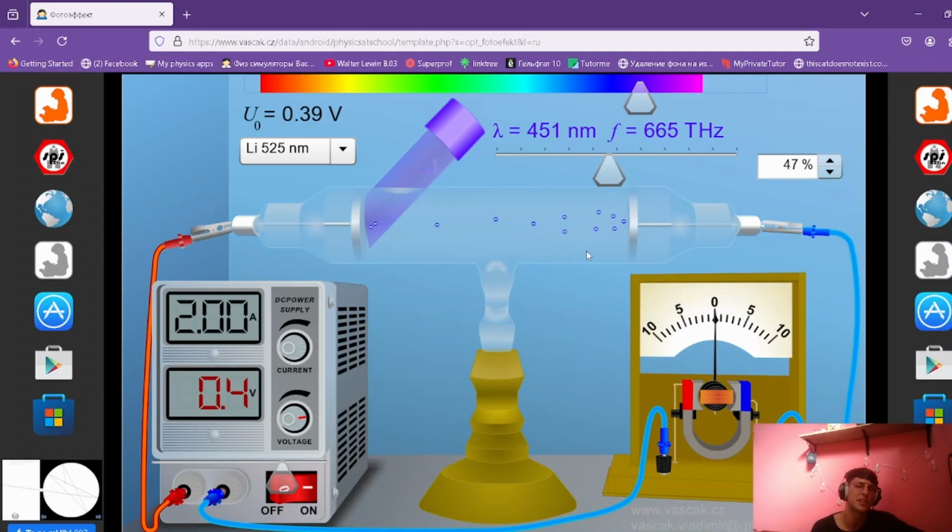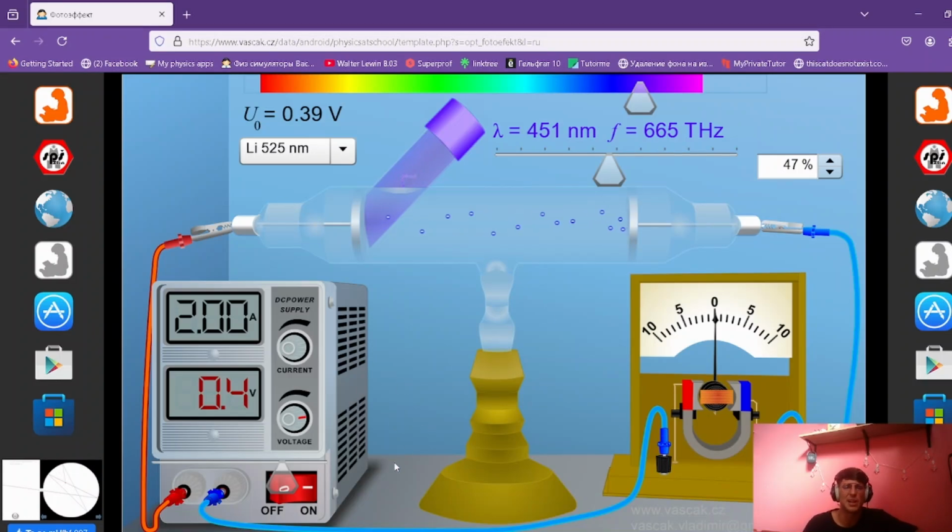So all the kinetic energy that these electrons had here in the beginning is converted to work of electrical field. So work of electric field just decreased this kinetic energy to zero, completely decreased this kinetic energy to zero. This is what we call stopping voltage.